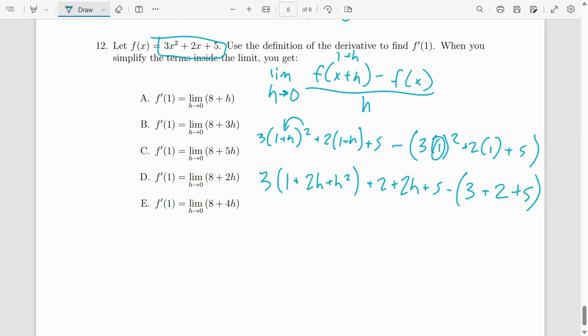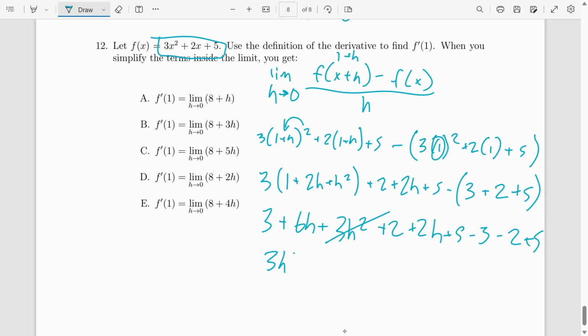All right, even more simplification. Starting again, we get 3 plus 6h plus 3h squared plus 2 plus 2h plus 5 minus 3 minus 2 minus 5. There we go. Now we just have to put all these terms together. We've got our 3h squared term here. Looks like we've got 2 h to the first power terms, 6h and 2h, adding those together we get 8h.